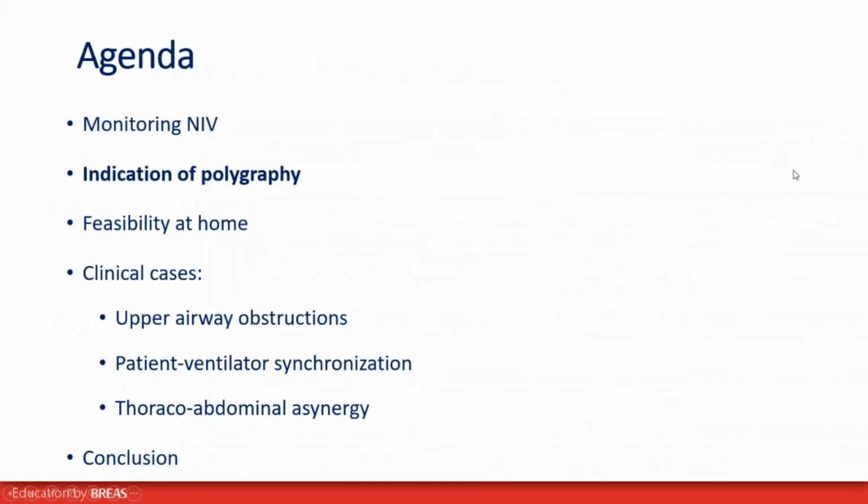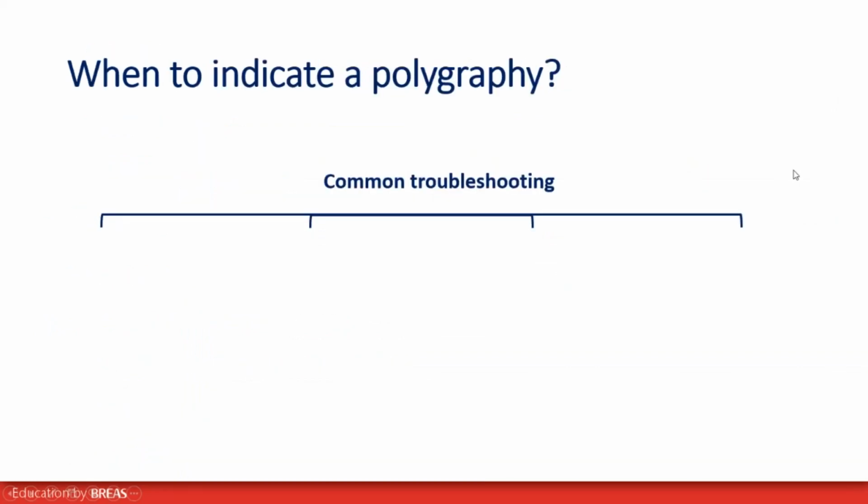So when should we indicate a polygraphy? Well, if we look at the common troubleshooting in NIV, the most common one is probably non-intentional leaks. And to diagnose and to manage non-intentional leaks, we don't need a polygraphy. We just look at the monitoring and reassess the interface or add a chin strap.